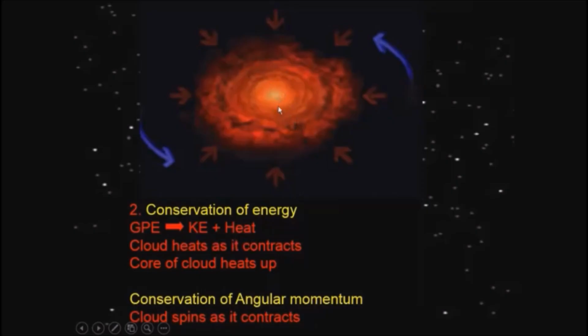That causes the very core, the very center of the cloud, to become very hot, and this is where your star will form. And by conservation of angular momentum, remember the spinning ballerina, as this cloud gets smaller, it will start to spin faster. So the whole system's starting to spin fast and get hotter.